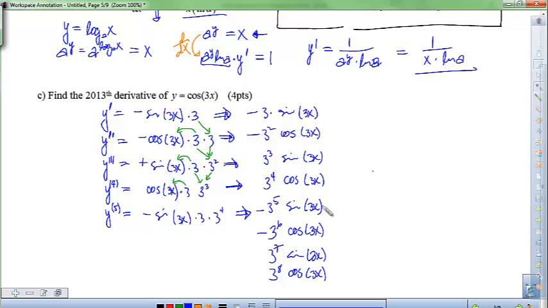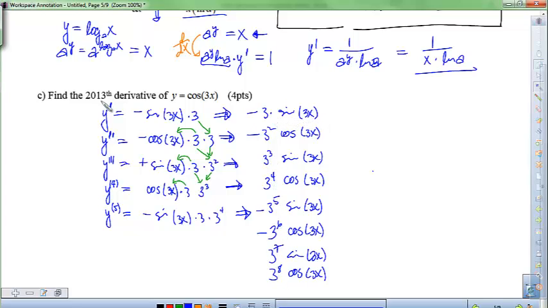Now, let's see if we can find the pattern. For the first derivative, we have 3, second derivative 3 squared, so it looks like the constants are growing by factors of 3.